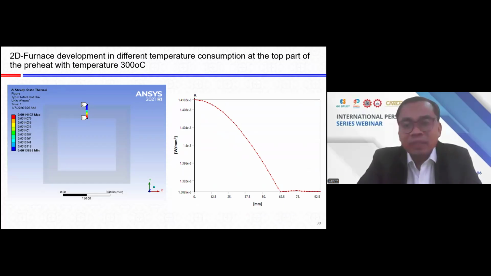The value of the heat flux you can check on my slide.